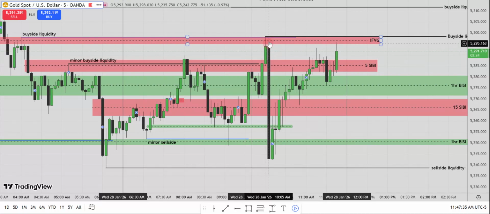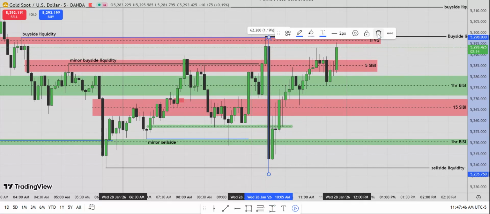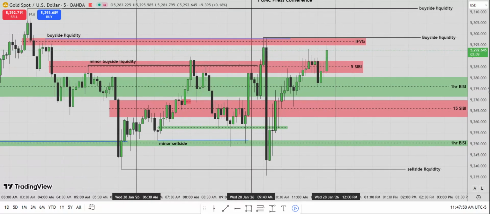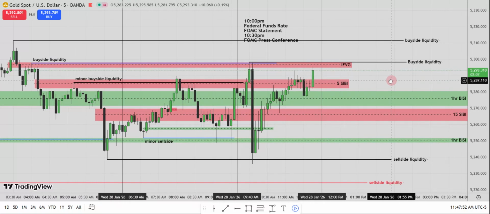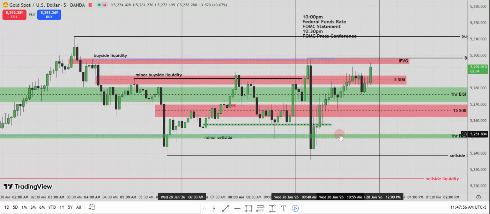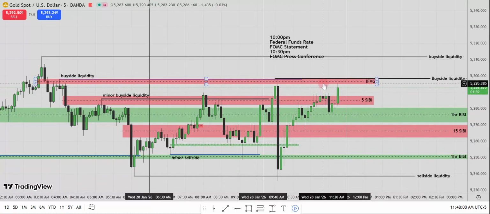This can wipe your account within minutes. This is crazy because this moved 620 pips. That's abnormal. But considering how gold has been volatile of late, I'm not surprised. Came out, took out the sell side, and immediately started going higher for this.